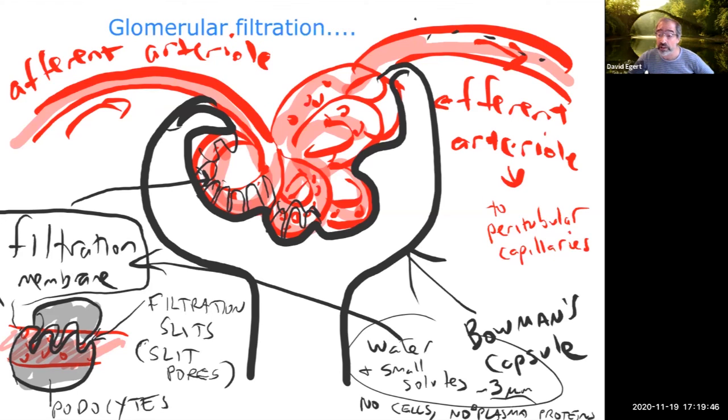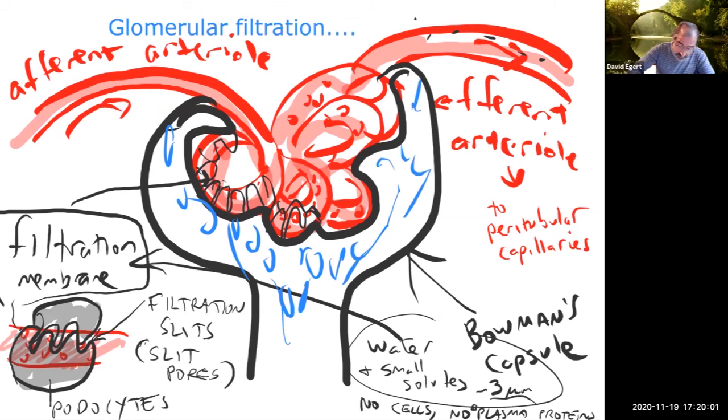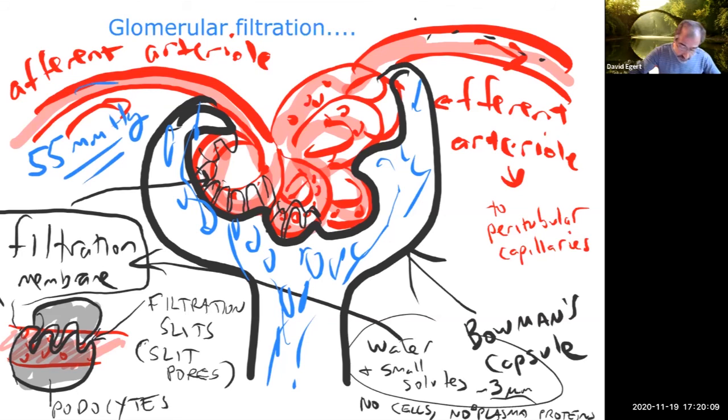If those are starting to get out there, there's a problem with this filtration membrane. And now what we want to talk about is what actually drives the filtration. And like I mentioned, it's going to be particularly that blood pressure, 55 millimeters of mercury of blood pressure pushing in here, which is causing the fluid to leak out.